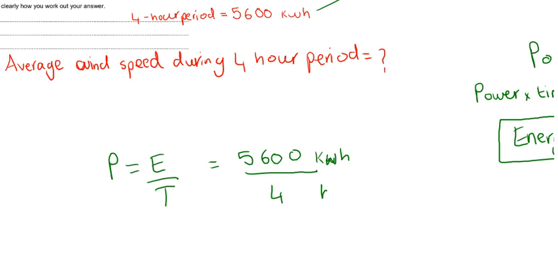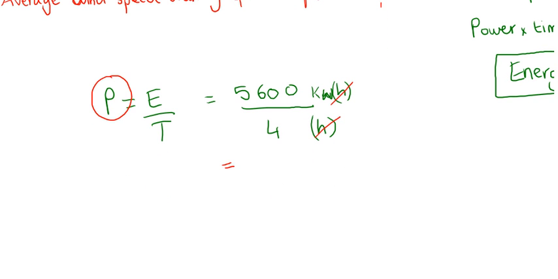By cancelling the units, you'll be left with power. So 5,600 divided by 4 gives 1,400. Fantastic, so now we've worked out the power is 1,400 watts.